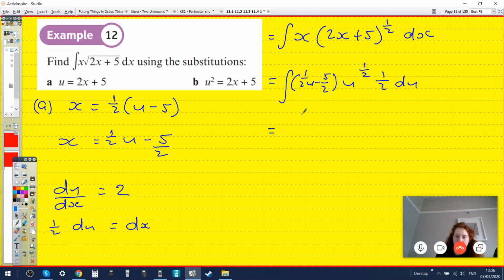So would we have the half times the half u? Yeah. So that would be like a half u to the half times what's in the bracket. So you can do it all in one go. Okay, so try expanding that. What would you get? So it'd be a quarter u.